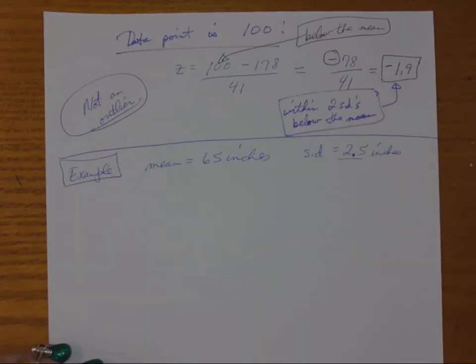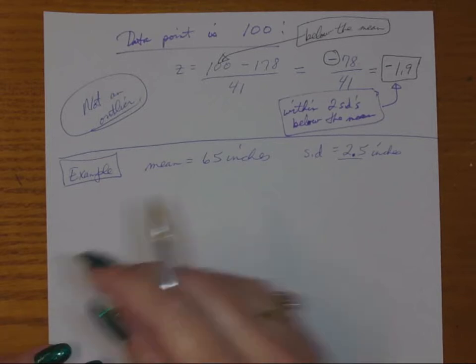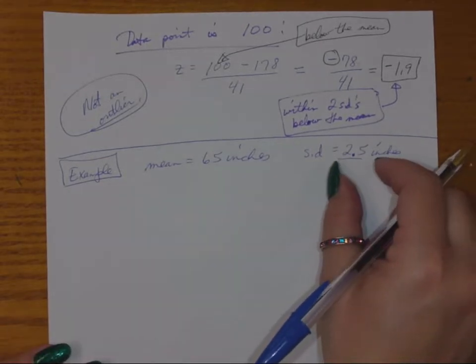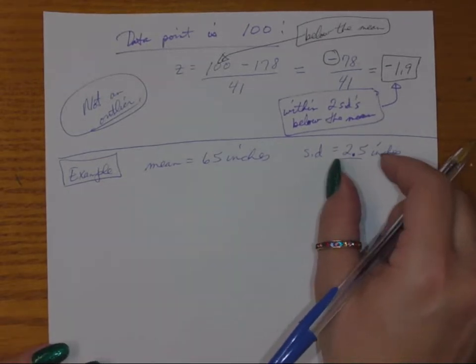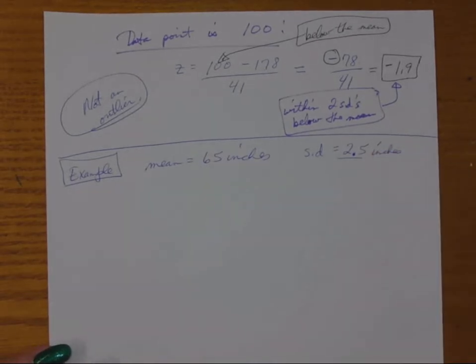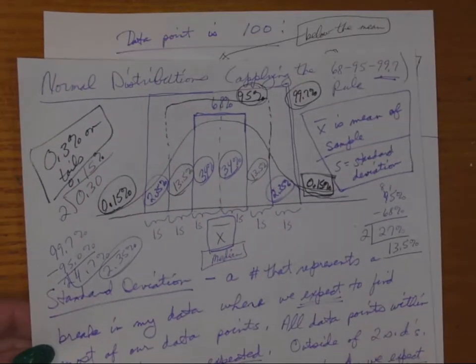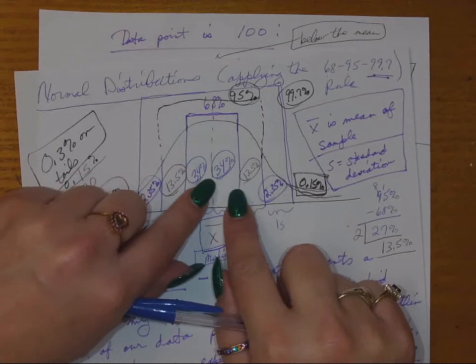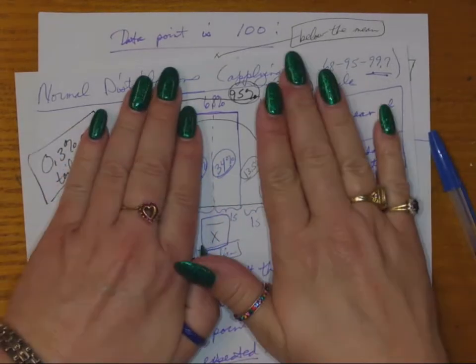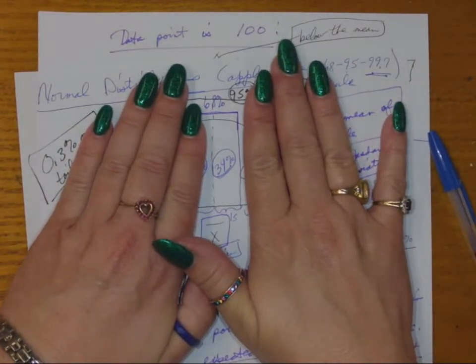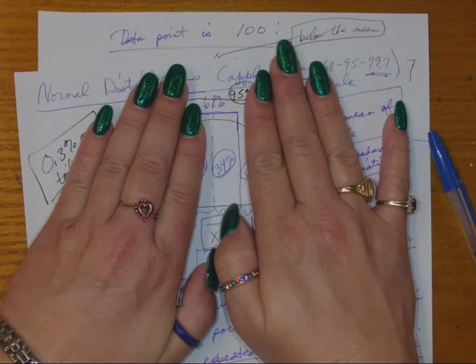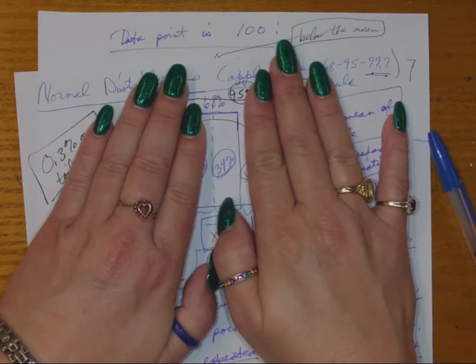This one's 2.5. So what does that mean for us? That means that my data is more closely clumped together, right? It's more consistent because in that last problem, one standard deviation was 41 units wide, but now it's only 2.5 inches wide, or 2.5 units wide.